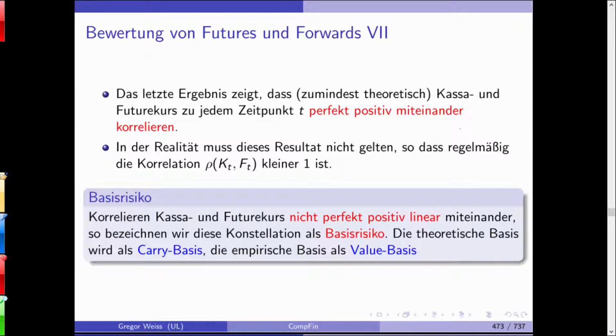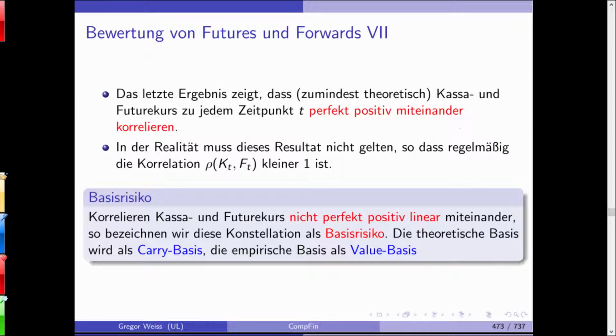And we can now distinguish two things: the theoretical basis, which should, in theory, be given by the cost of carry price, and an empirical basis, which is called the value basis. It's the same as with option pricing. You can observe a theoretical volatility, which is called the implied volatility, and the empirical volatility. And these two don't have to match. And this is basis risk.